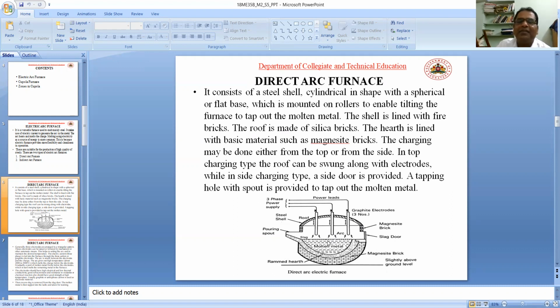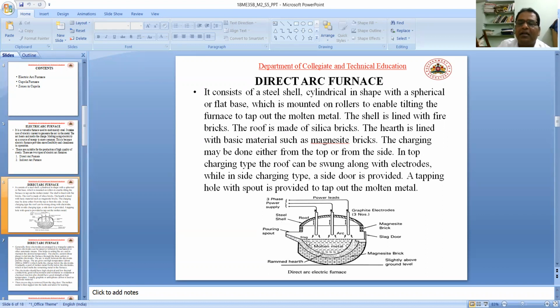The shell is lined with fire bricks. The roof is made up of silica bricks. The hearth is lined with basic materials such as magnesite bricks. The charging may be done either from the top or from the side.